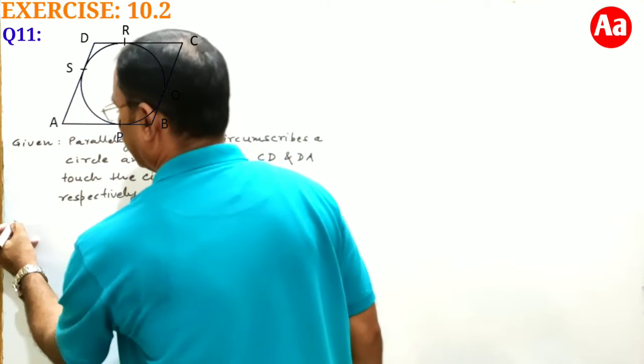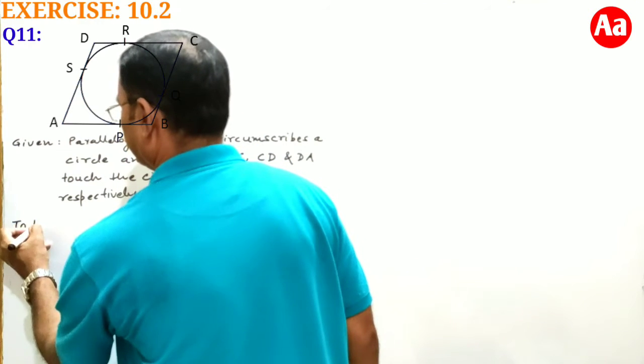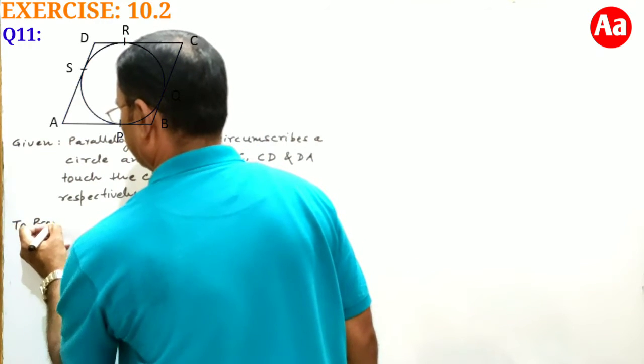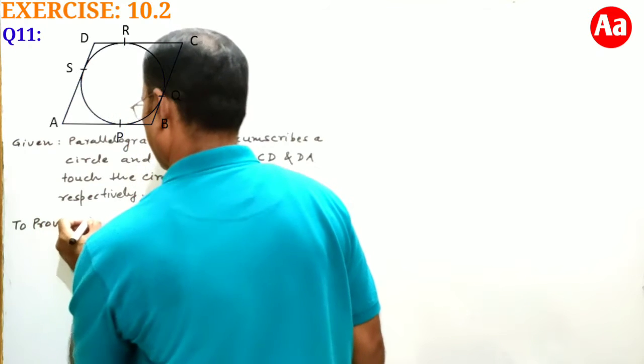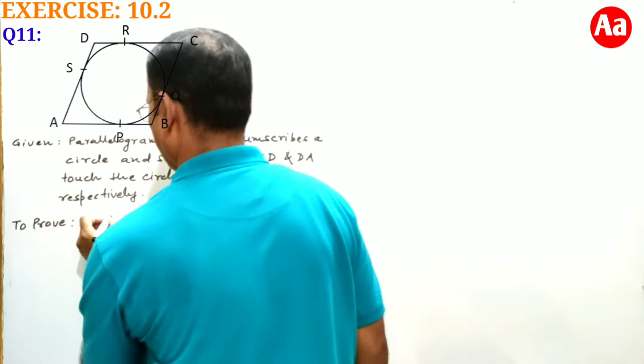We have to prove that ABCD is a rhombus.